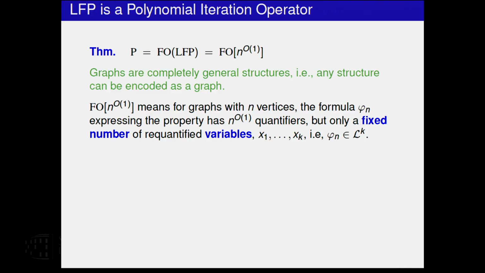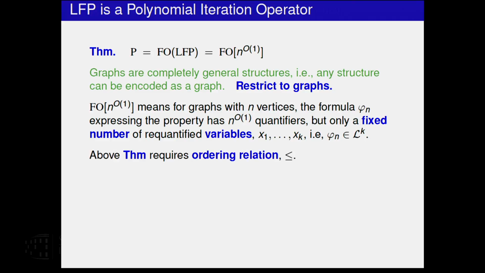And as I said, the above theorem requires ordering. In some sense, our input is a graph, but from a pure mathematical point of view, what's a graph? It's a set of vertices with an edge relation on it. It can be directed or undirected.